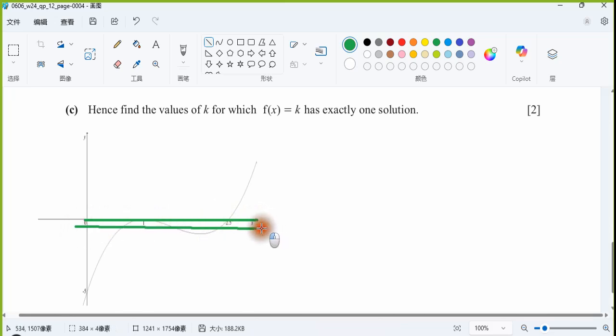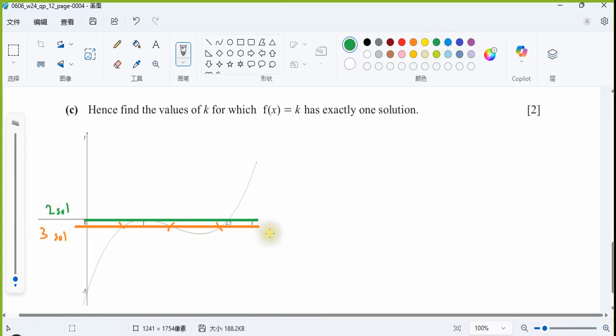And over here, okay, this one, we will have one, two, three solutions. So this is three solutions. At this point is two solutions. And then the minimum point here also has two solutions.